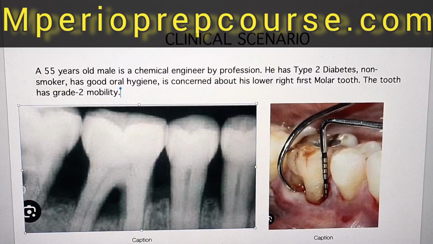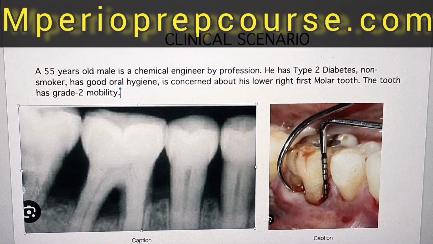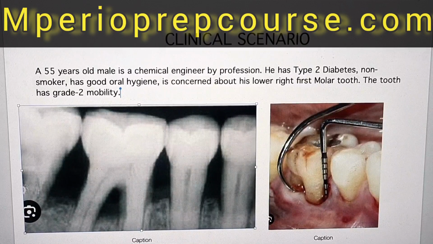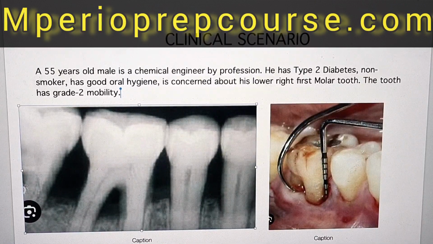And related to disadvantages, there is a chance that the patient might develop post-op sensitivity. Okay, and any complications that are associated with this treatment? Yes, if the patient doesn't keep this area clean, then there is a chance that the patient might develop post-op caries.